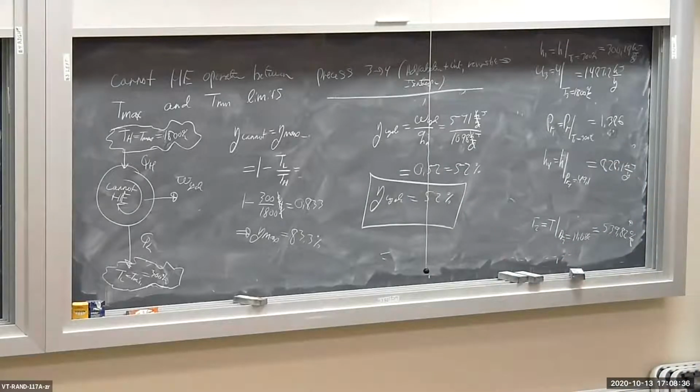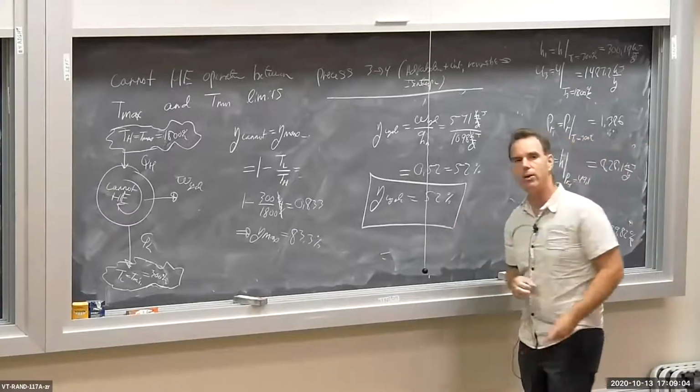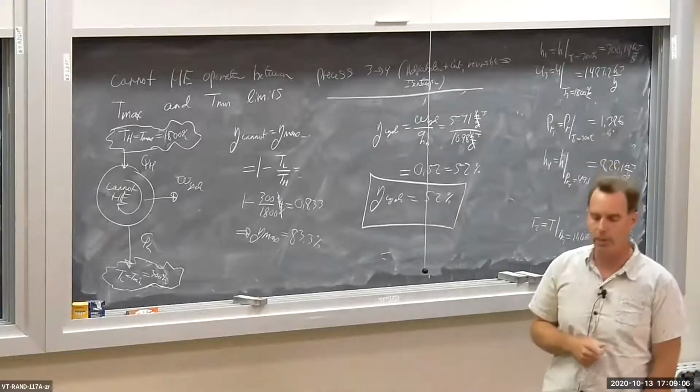So you stick a Carnot cycle in place of any of the cycles that we analyze in this chapter, and you're going to get an efficiency greater than the efficiency of the cycle you've analyzed. The Carnot cycle is the most efficient. You would get 83%, which is greater than the 52 that we calculated for our cycle.